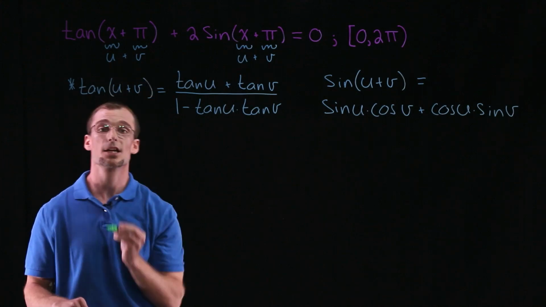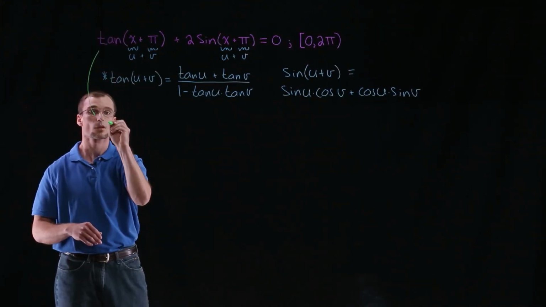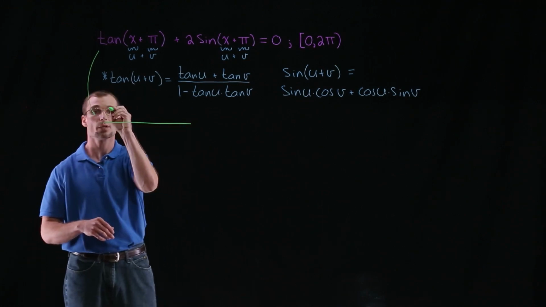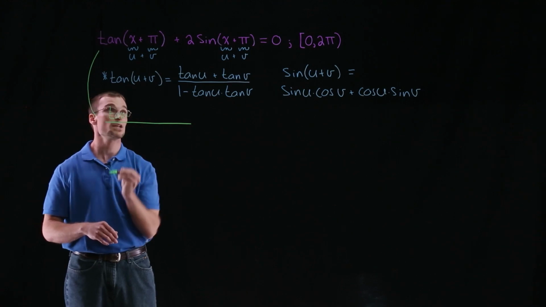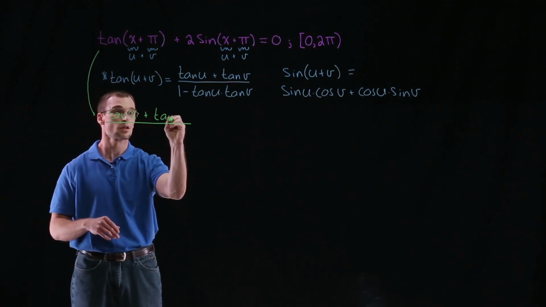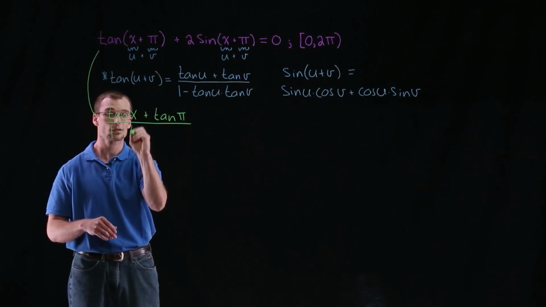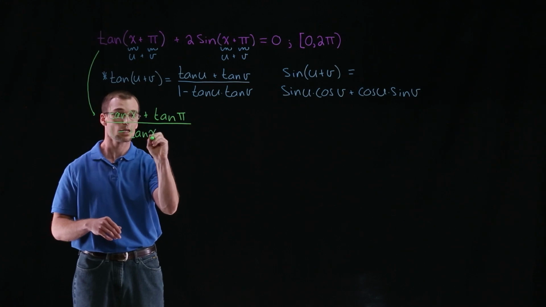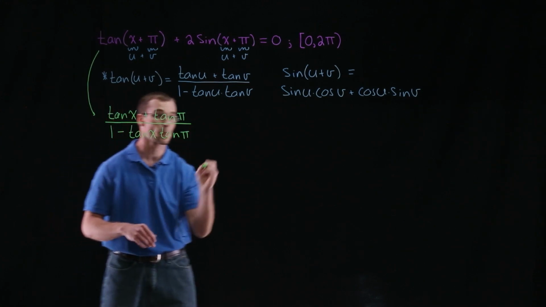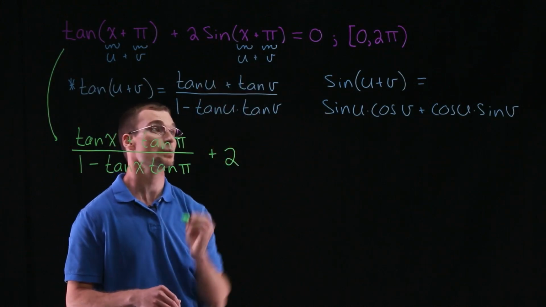So the tangent of x plus pi is going to be equal to tangent of our u, or tangent x, plus tangent of pi divided by 1 minus tangent x times tangent of pi, and plus 2 times sine of x plus pi.